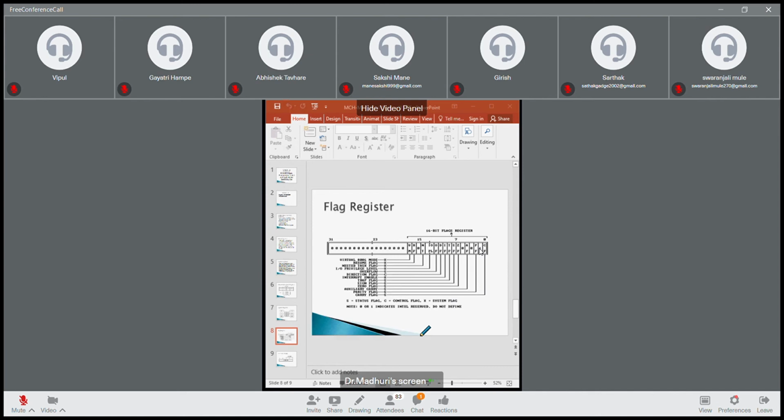Like the calling procedure. You know the calling procedure. Suppose I have written one C program, and in that I have to call some procedure. So I will write the call and give the name of that procedure. That is the calling procedure. When those instructions get executed, this flag will be set. That means the processor is calling a task within a task within a task.